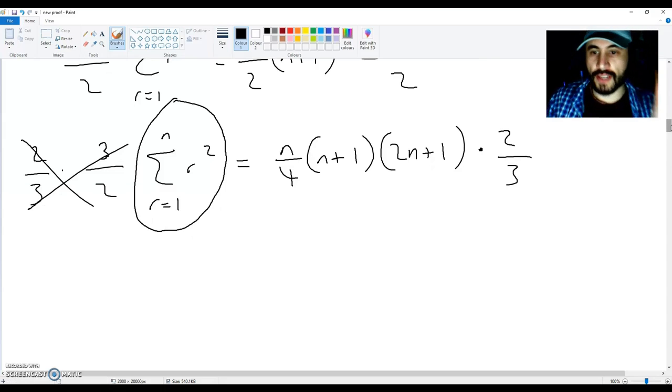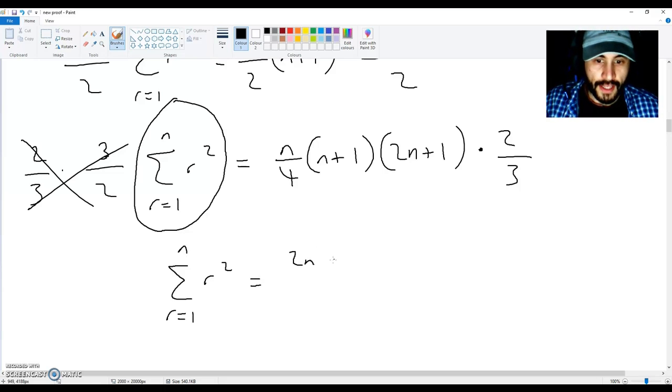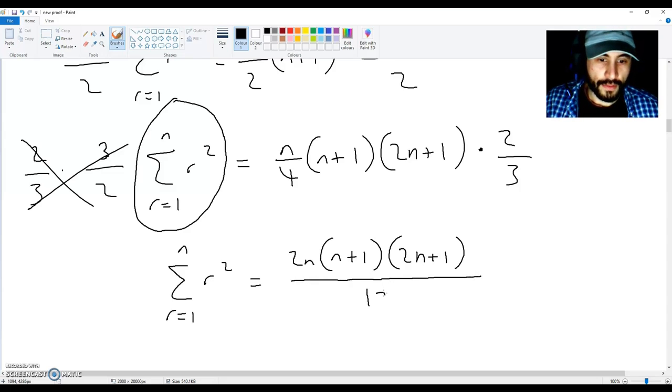So we've multiplied both sides of this equation by 2 over 3. Now, if we do this, we end up with this, and 2n multiplied by n+1 multiplied by 2n+1 over 12.